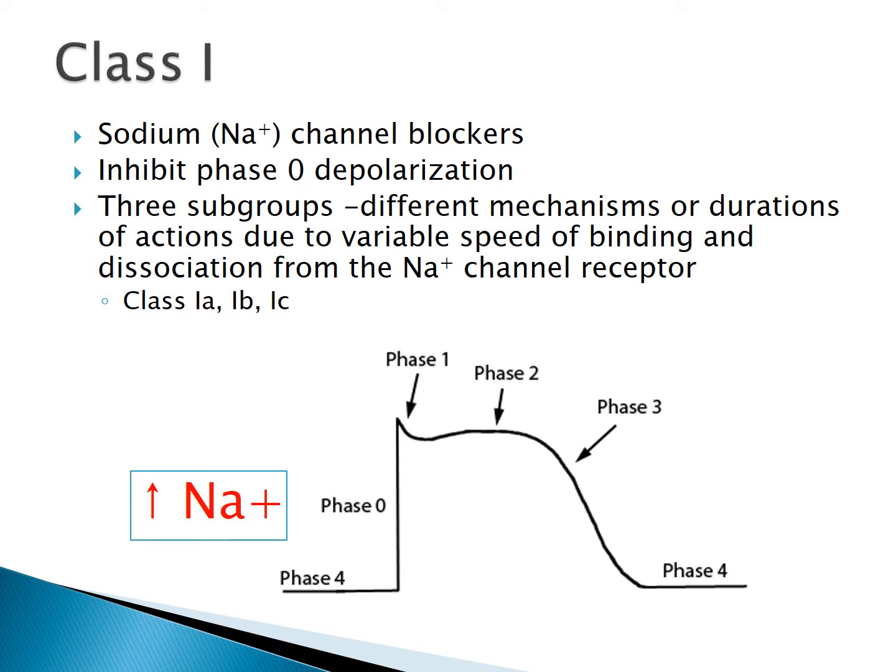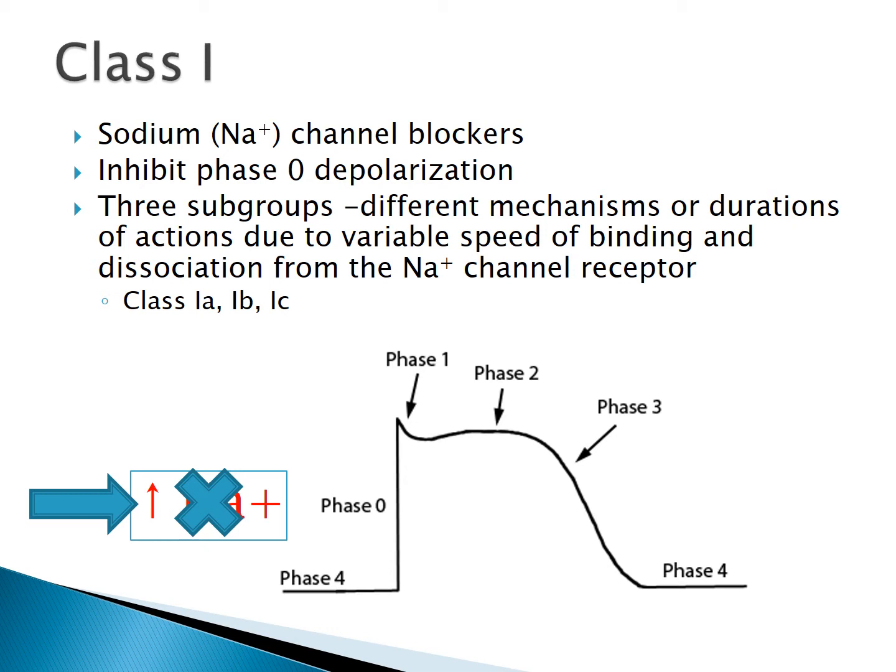Class 1 antiarrhythmics are the sodium channel blockers. They block phase 0, or the depolarization of the cell. There are 3 subgroups that are divided up because they have different mechanisms or duration of action due to their speed of binding and then unbinding from the sodium receptors.